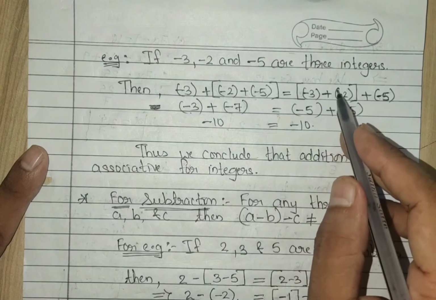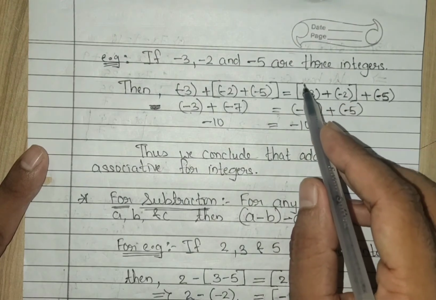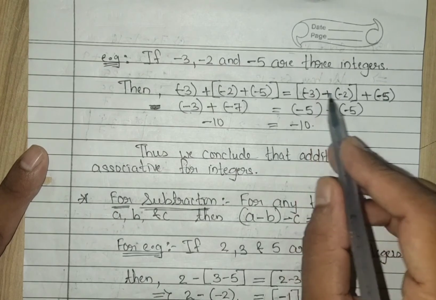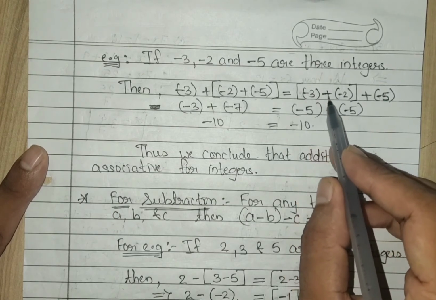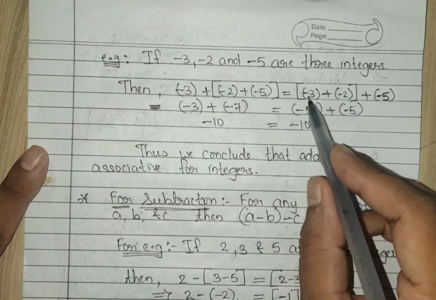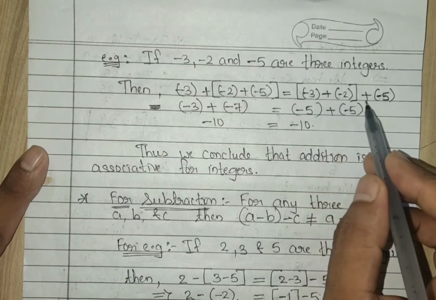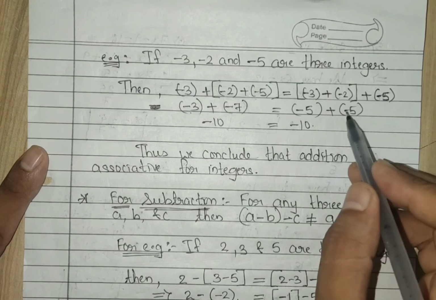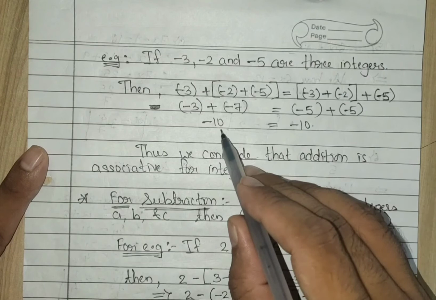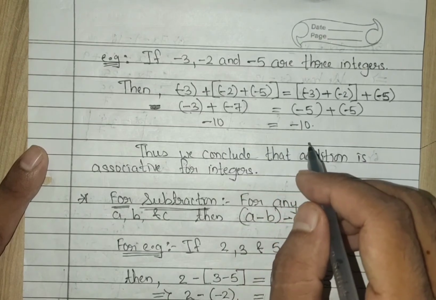Let us check this side where we are grouping a plus b. On grouping a plus b, I got minus 3 plus minus 2 is minus 5. Now the resulting answer of a plus b I am adding to the c, and to my surprise I got the same answer, that is minus 10 and minus 10.